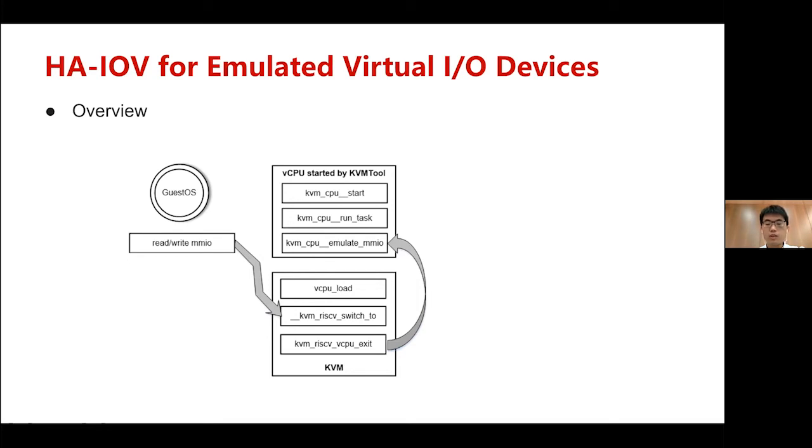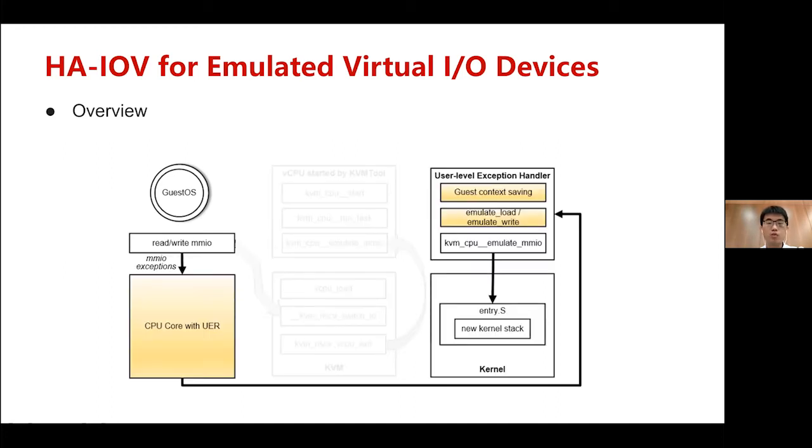QEMU obtains the reason and the data of the trap and further transfers this information to the user space. QEMU-TOR or QEMU processes the I/O request according to this information. After that, control flow returns back to QEMU and further returns back to the guest.